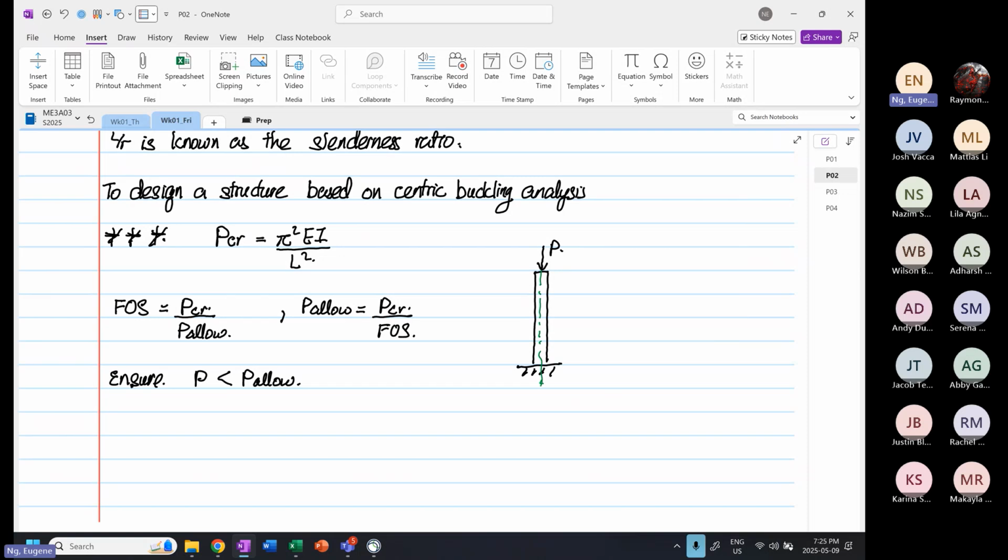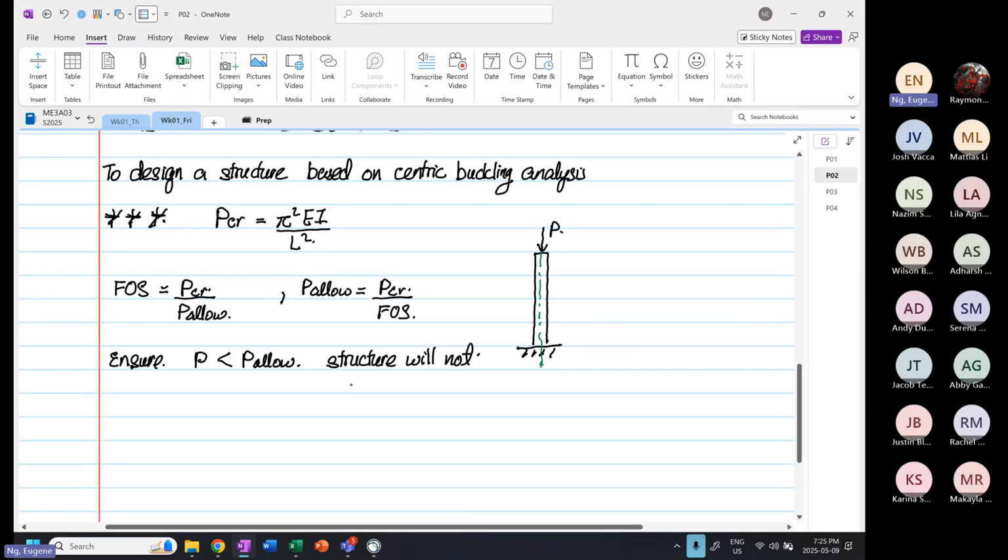When this is the case, the structure will not buckle.